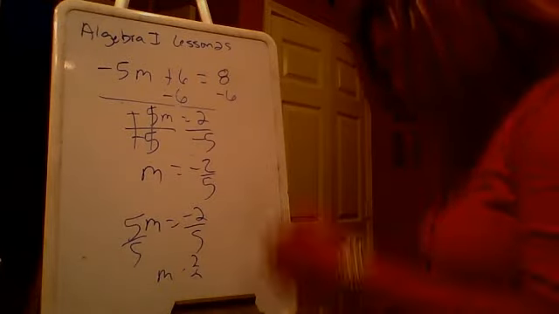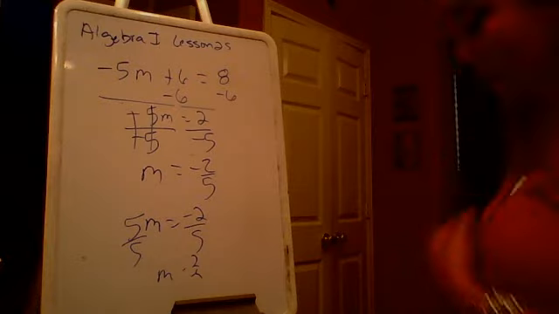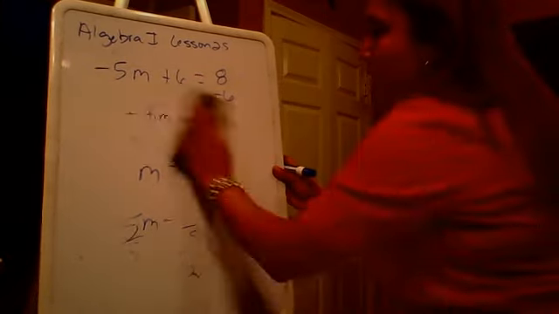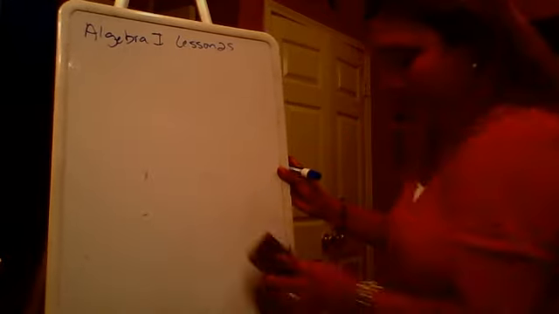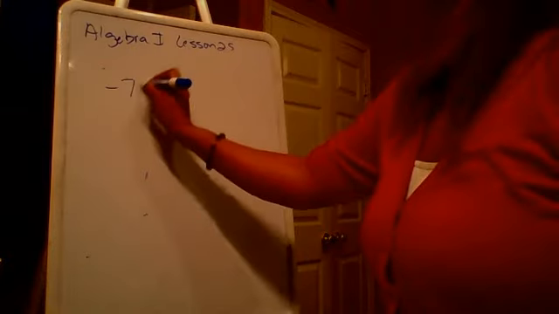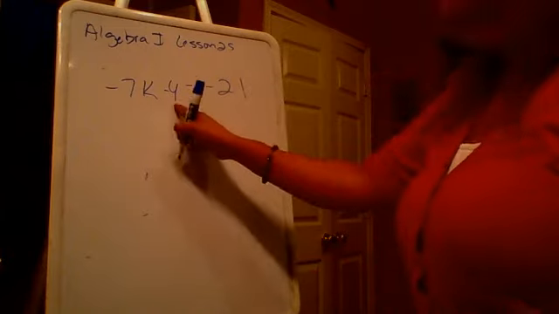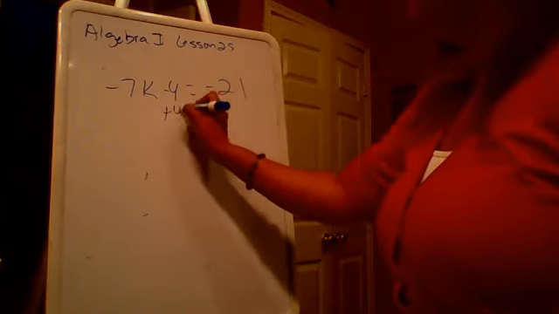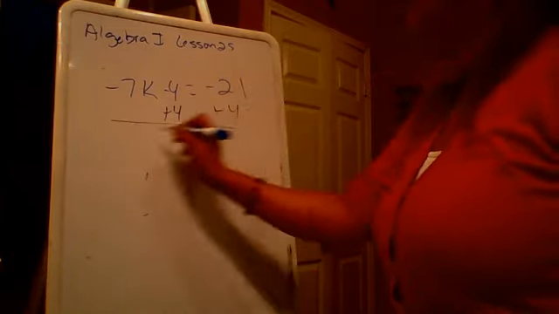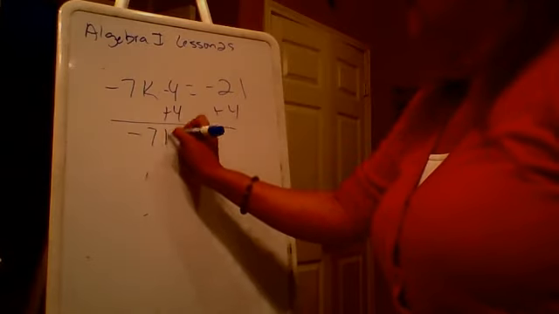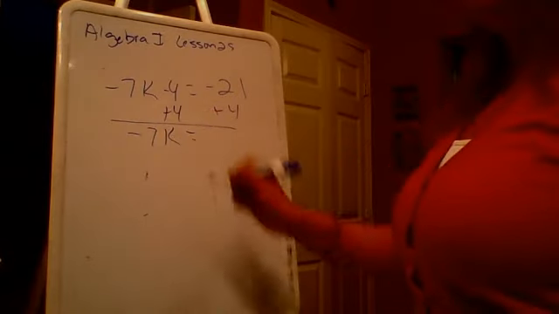Okay, so let's look at another one with fractions. Let's do 25.3 first. It says negative 7k minus 4 equals negative 21. Well, we want to add its opposite. You cannot drop that, and that's where a lot of errors come in.